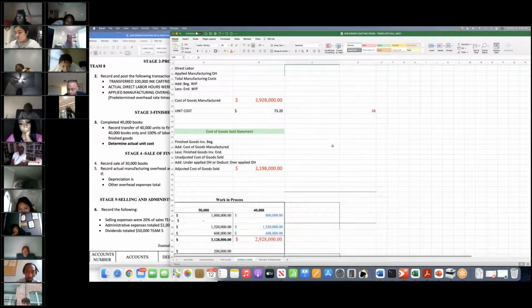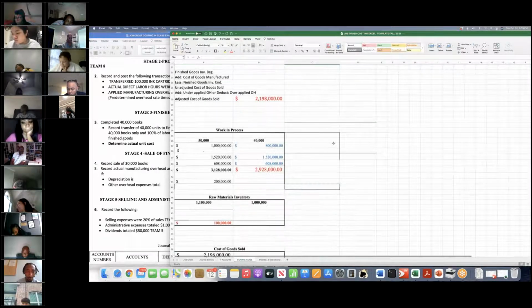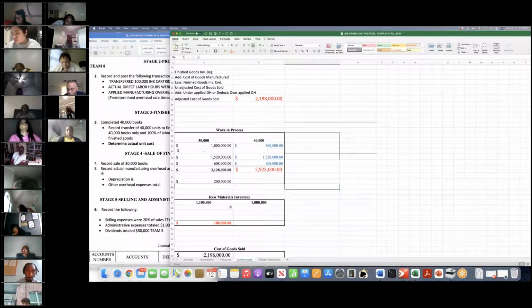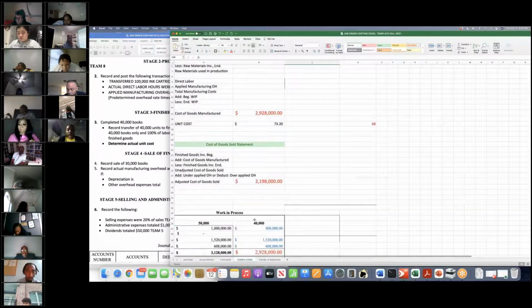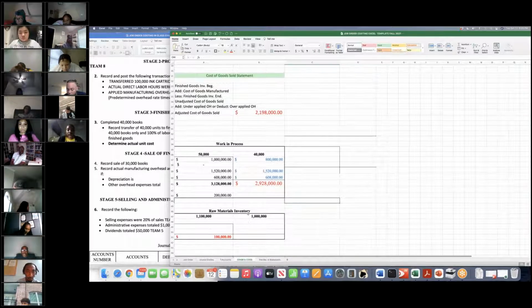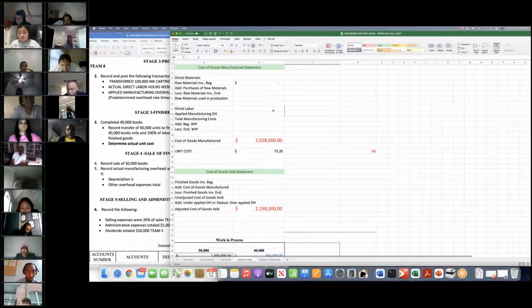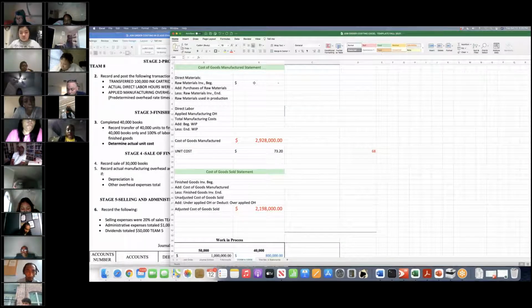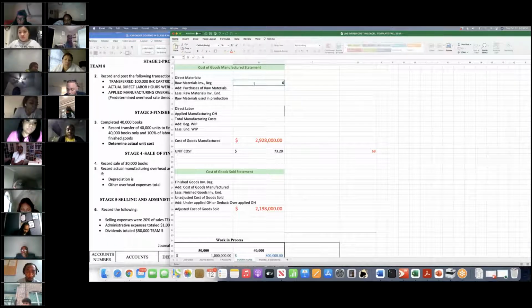So what we'd do, we go to the raw materials T account. It has $1 million purchased and 100,000 at the end. The beginning was 0. You purchase $1,100,000.